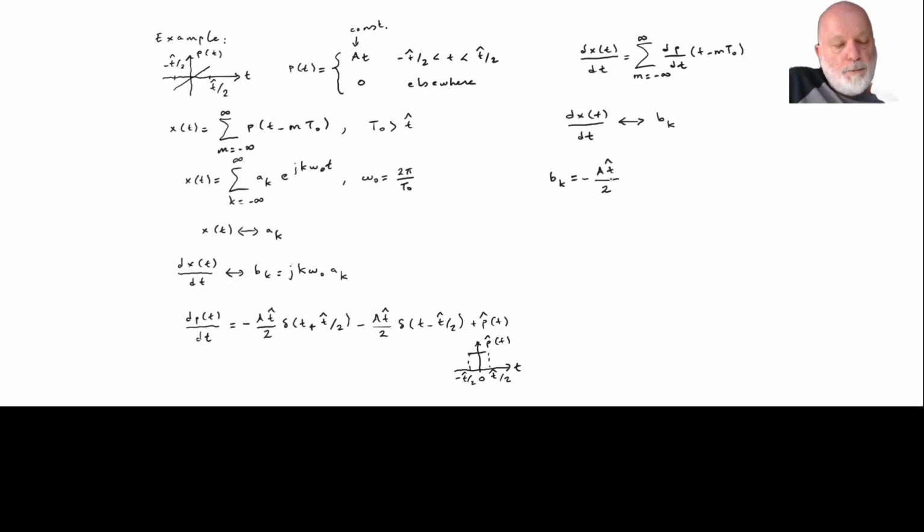For the periodic extension of the impulse located at T cap over 2, we have 1 over T0 e to the j k omega 0 T cap over 2.